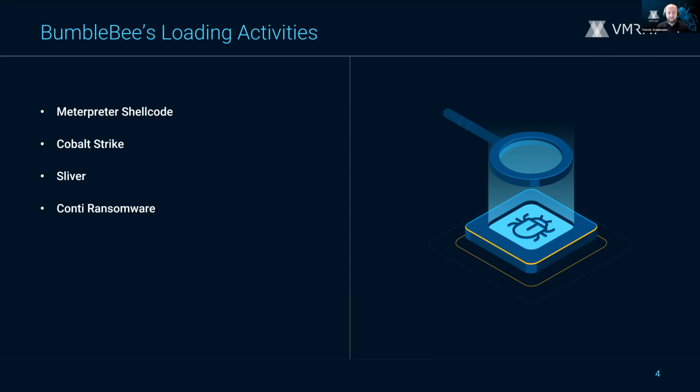Throughout the past year, we have seen that Bumblebee very commonly downloads a Meterpreter shellcode, Cobalt Strike or Sliver as post-exploitation tools before finally also deploying ransomware. So from an attack point of view, it really looks like they try to start off by getting access to an environment.